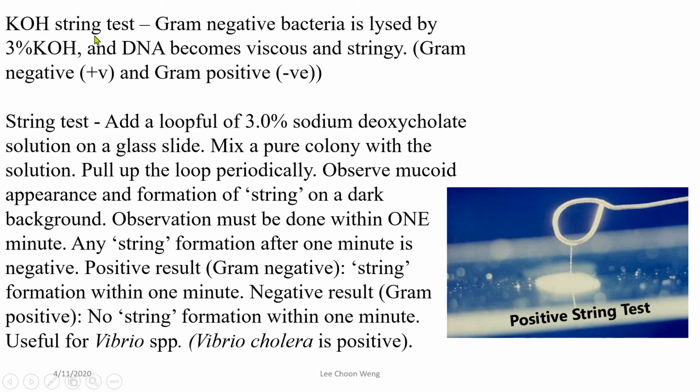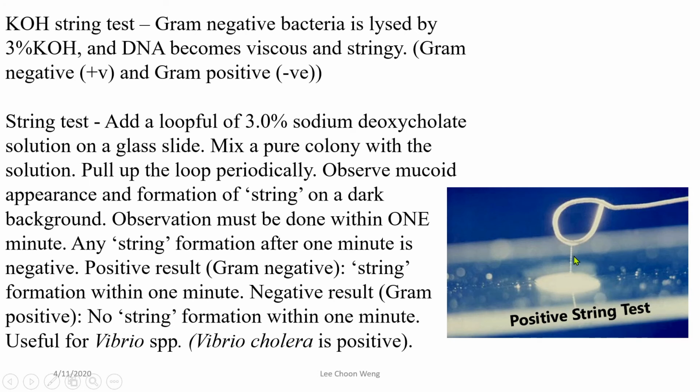potassium hydroxide string test. So this is a string test. What you do is you emulsify some of your bacteria with 3% potassium hydroxide, and then using a loop you see whether the cell emulsion has become viscous and stringy.